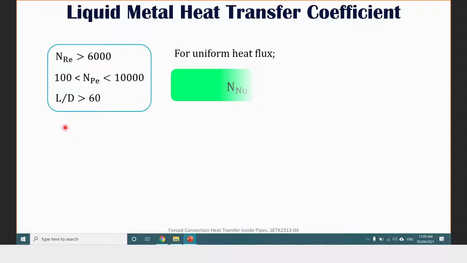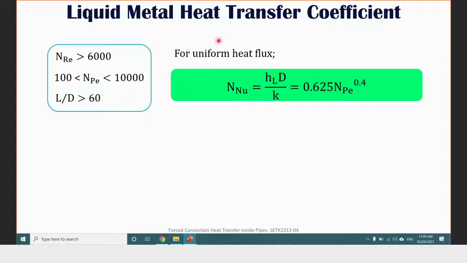If it's more than 60, then the flow is fully developed. So if the heat flux is uniform, we can calculate the Nusselt number using this equation. Of course, if we have D and k, we can calculate the heat transfer coefficient.